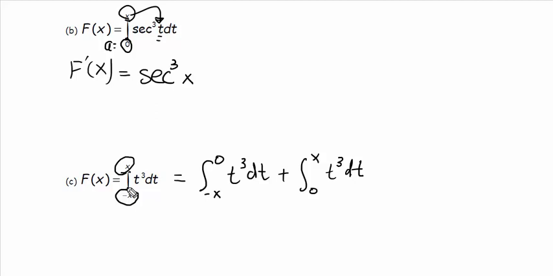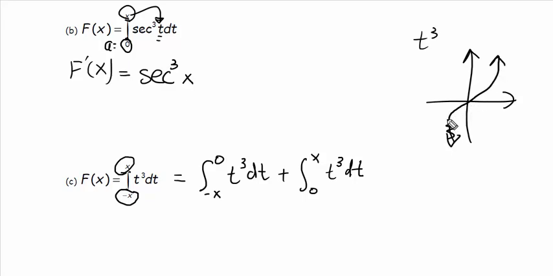Now, by the way, another thing is if I look at t cubed, I can sort of see that it looks like this. So this part of the function down here is different than this part because t cubed is symmetric here.